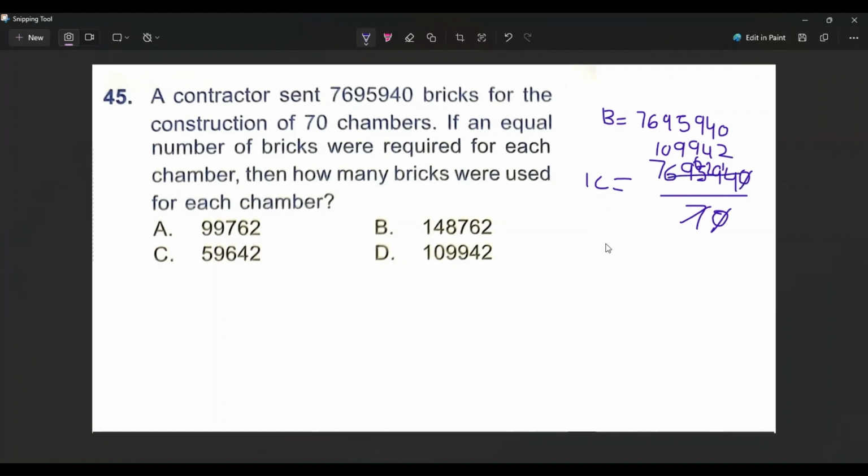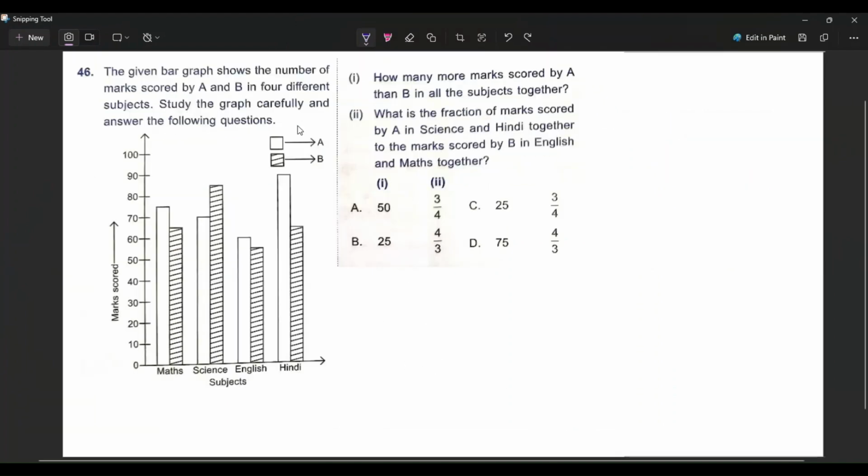So our answer is one chamber is equal to 1 lakh 9,942. Option A 99,762 wrong. Option B 1,48,762 wrong. Option C 59,642 is wrong. Option D 1,09,942 is the right answer, children.